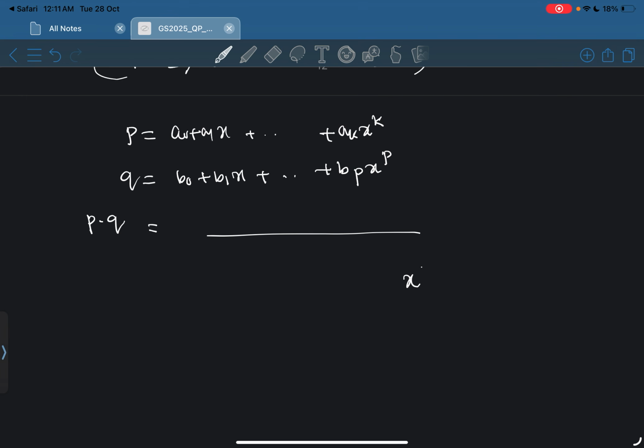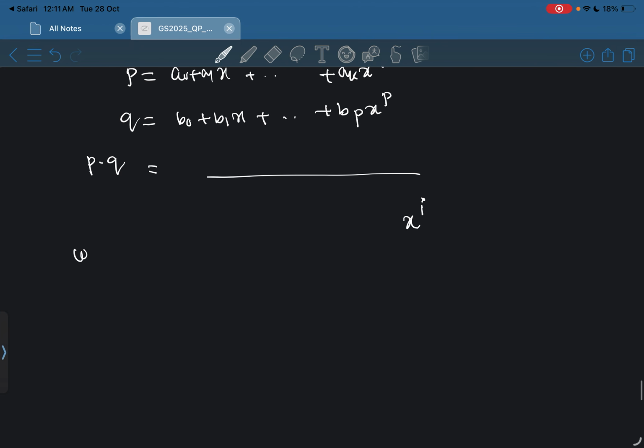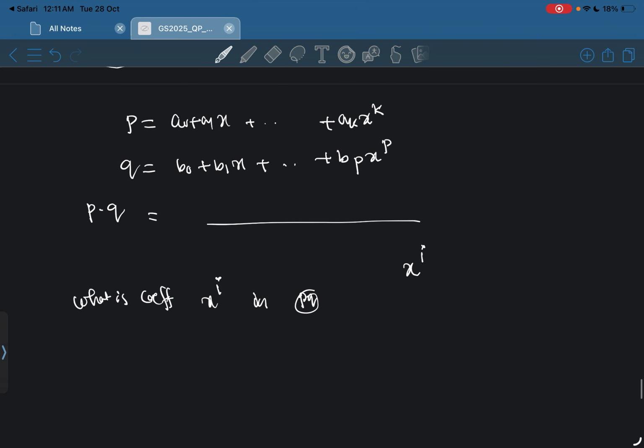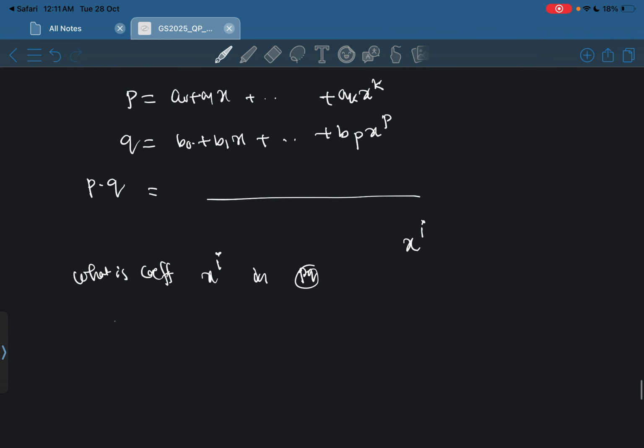Now what is the coefficient of x to the power i in pq? Observe, it must be a sum of contributions. The constant term of p and the x to the power i term of q, the product of those two terms gives you one contribution. The coefficient of the x term and the x to the power i minus 1 term gives you another.